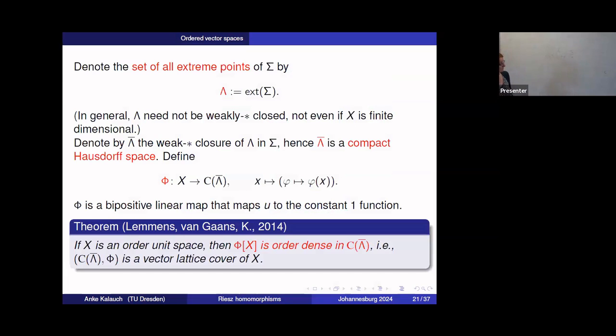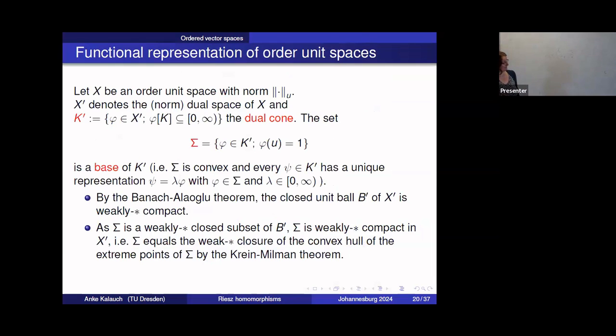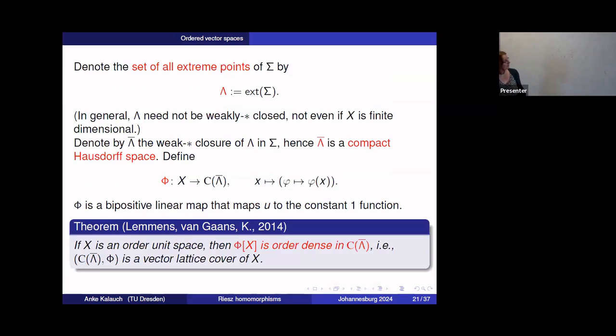Let's go back. So we have the sigma, and we can use Krein-Milman. So we can look at the extreme points of the sigma. This is in general not weakly star closed, not even if it is finite dimensional. I'll show you an example a bit later. And we can define, but you have to close it. In the weak star topology, it's a compact Hausdorff space, and we can define an embedding of X into C of the closure of the extreme points, just by taking a functional and applying it to x, a point evaluation.